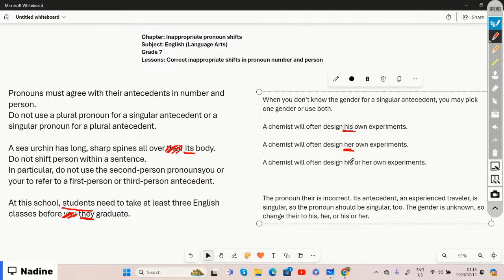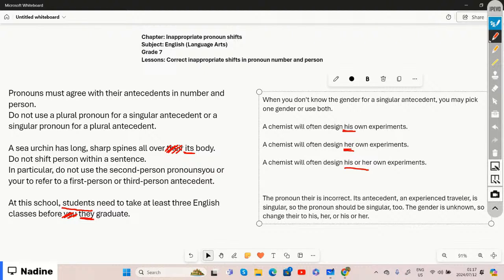Or we can say a chemist will often design his or her own experiment, because now we don't know if we are making mention of a man or a lady.